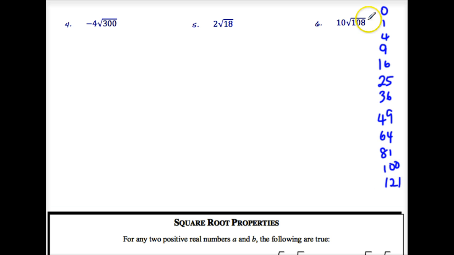I'm going to stop there because the largest, oh, I need 300 actually. 144, and we're going to stop there for now.